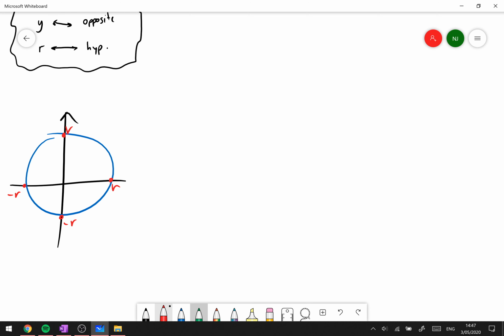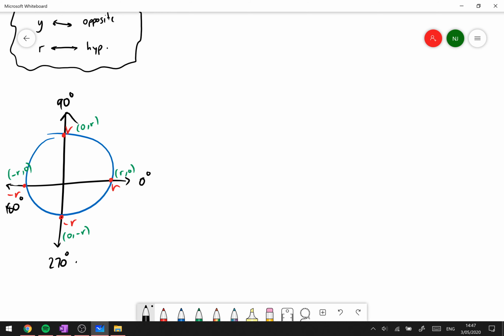So the coordinates at those points here are r, 0, 0, r, this one is minus r, 0, and this one down here is 0, minus r. So that's going to help us work out what our sine, cos, tan, and cosec, sec, and cot are for these boundary angles. Okay, so remembering that this is 0 degrees, 90 degrees, 180 degrees, and 270 degrees.